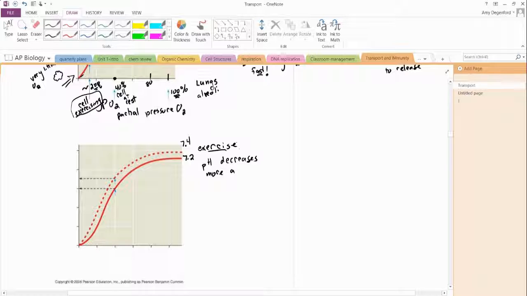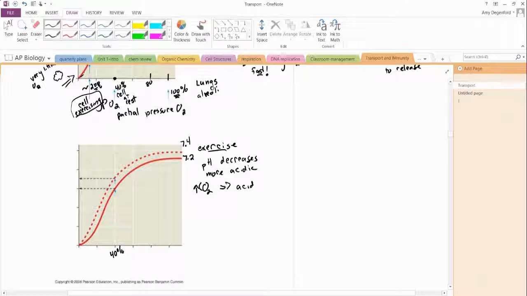Now, going from pH 7.4 to 7.2, we would never notice it, but our body does. We do not want it to change too much. So going back to this tissue at 40%, when we start exercising, we are producing more carbon dioxide, and more carbon dioxide will be changed to an acid in our bloodstream, and that's what causes the decrease in pH.